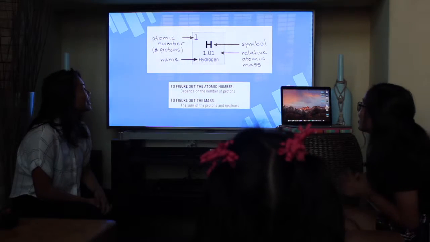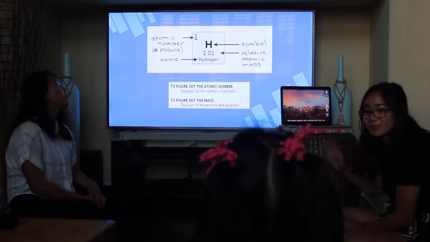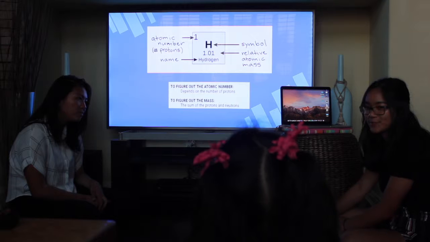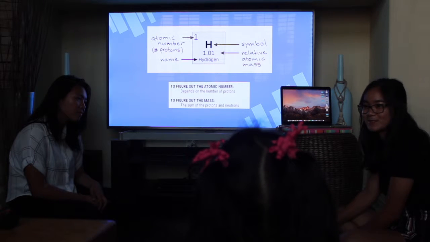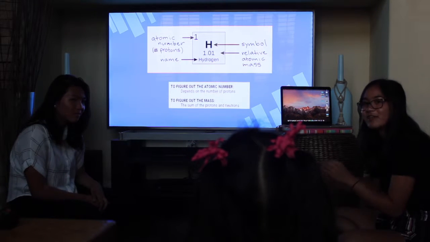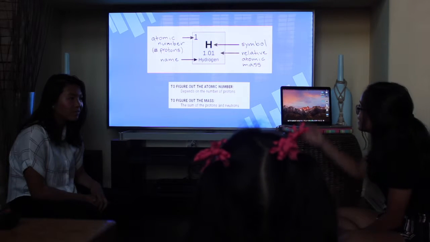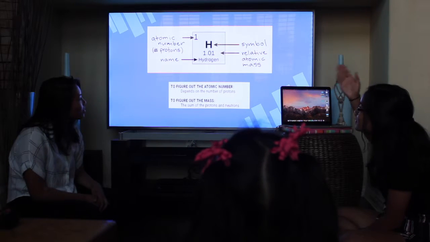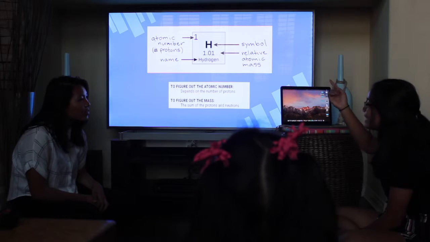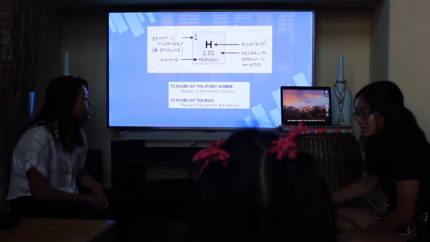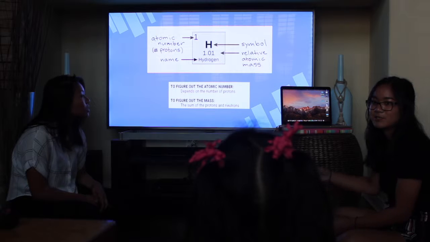So this is what you find in the periodic table. So a periodic table, to put it simply, is a table that's composed of different atoms, right? So the top number on the upper left corner, you get the atomic number. And the atomic number has the protons.